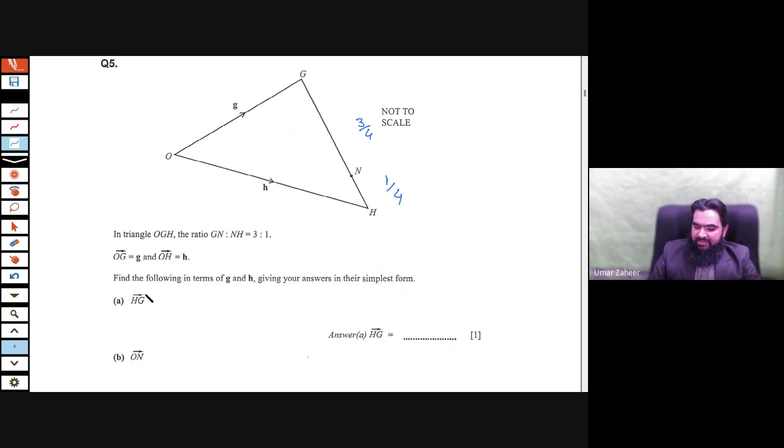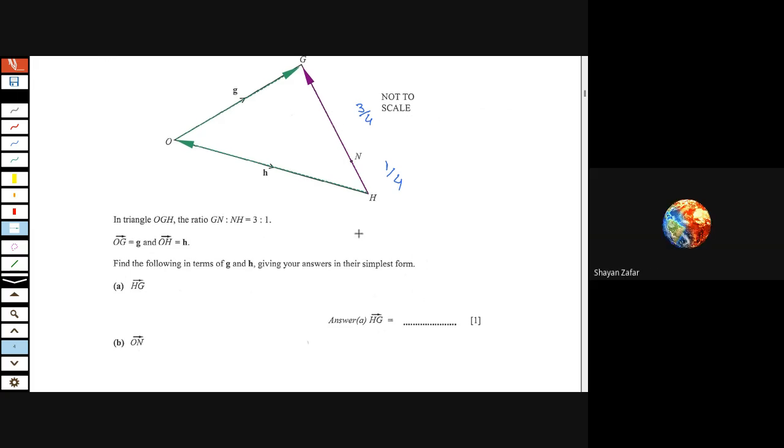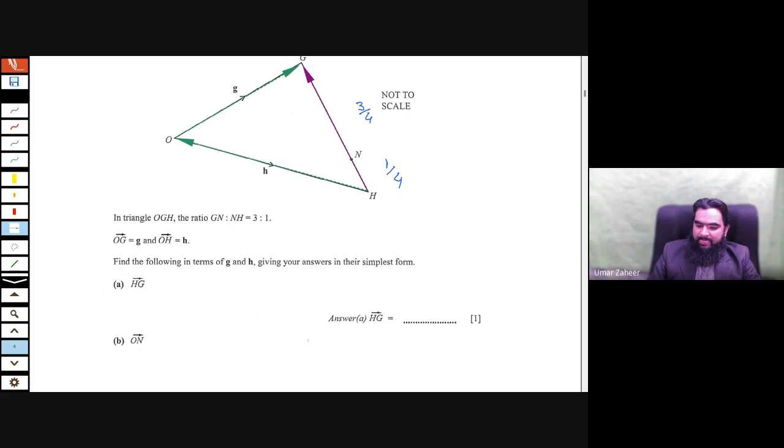You have to find HG. So let's draw the vector H to G. Look here, we need to find H to G. We have only a single path. We need to move from H to O and O to G. Is there any other path? No, this is the only path that we have.